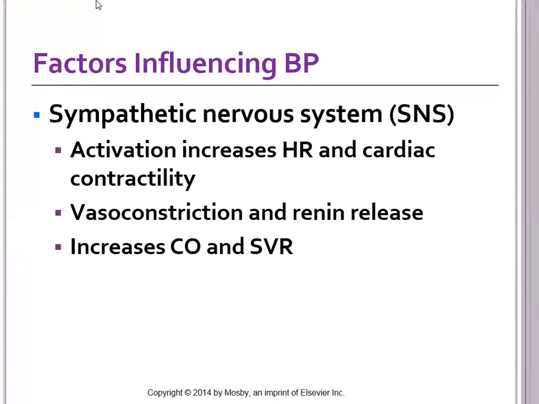The increased SNS will increase our heart rate and cardiac contractility, and cause vasoconstriction. That's going to promote renin to come out of the kidneys. But remember, this cannot work forever. This is like putting a Band-Aid on a boat that's got a hole in it, okay? It's only going to work for seconds to minutes.